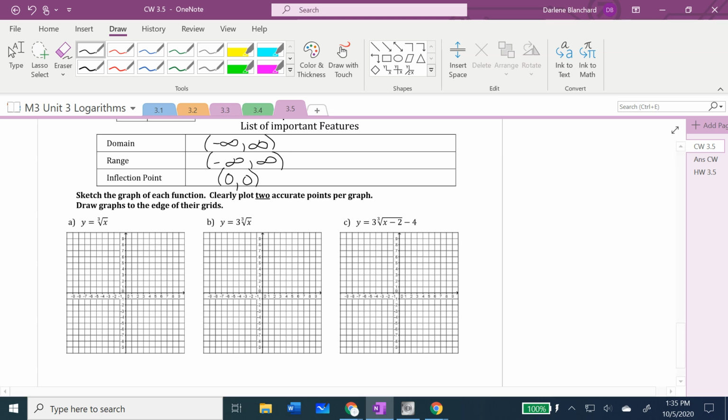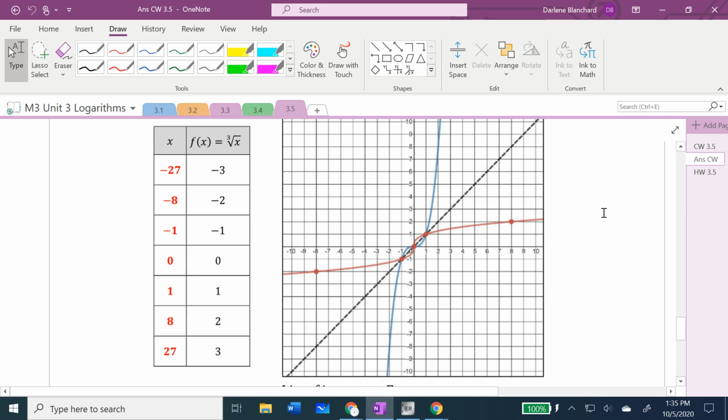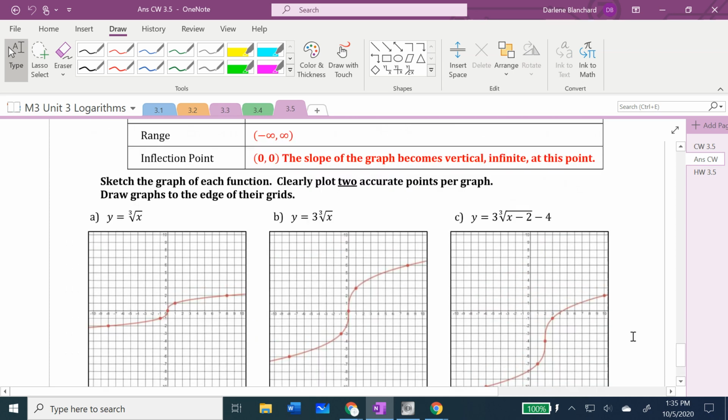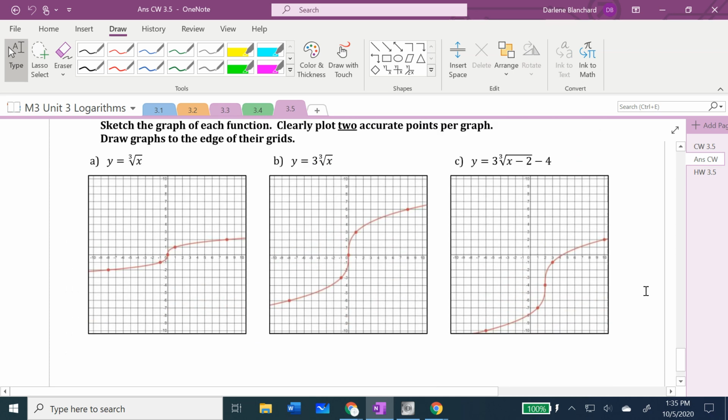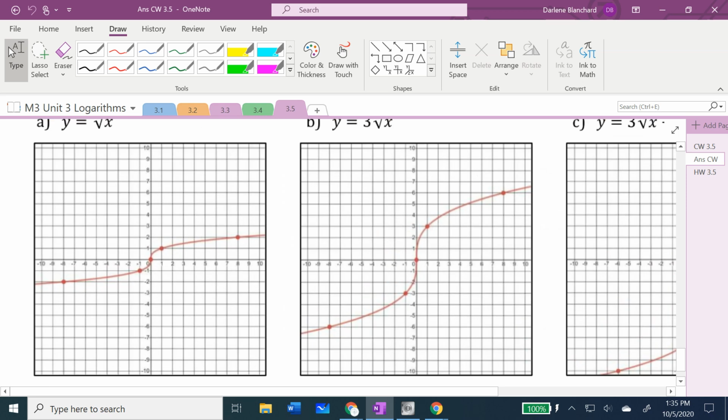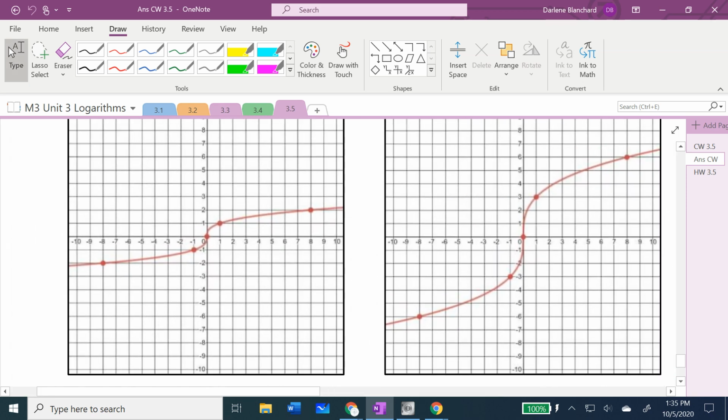So can you draw these 3 graphs? And I'm going to show the answers to that because I'm running out of time, unfortunately. Now, I also have plotted the points 8, 2 and -8, -2.